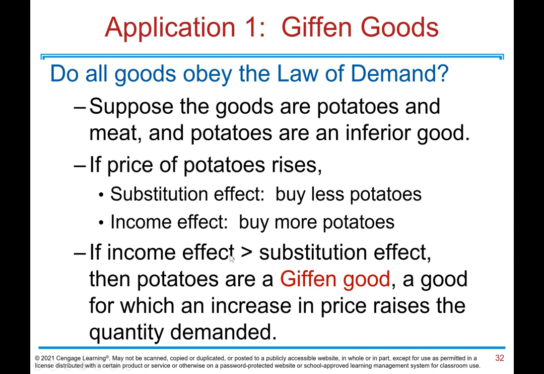If the income effect is dominant, or greater than the substitution effect, then potatoes are a Giffen good, a good for which an increase in the price raises the quantity demanded.